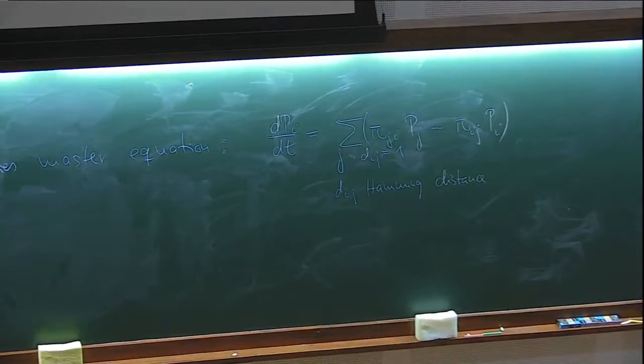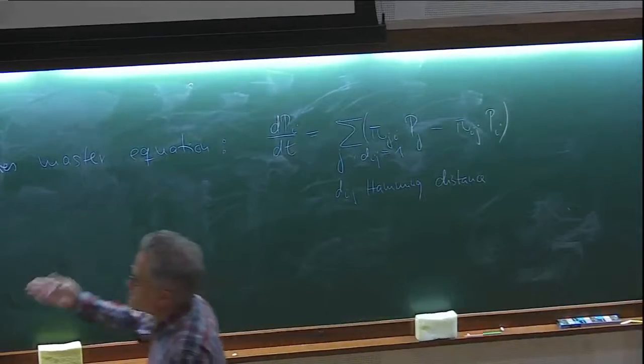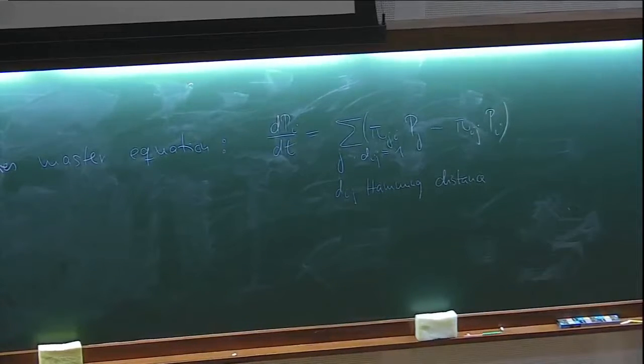And the most fundamental thing that you might want to know is what is a stationary distribution. So suppose this process of sequential mutations is going on for a long time. So the population samples this little space, and eventually it will reach some sort of a steady state.